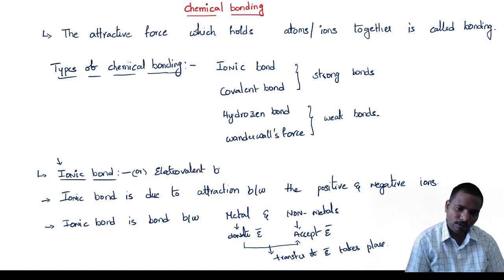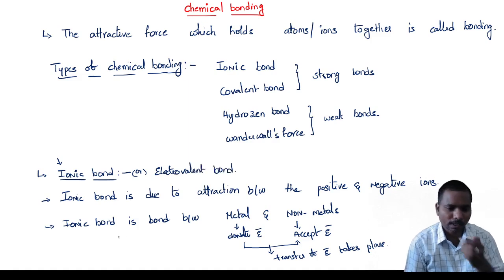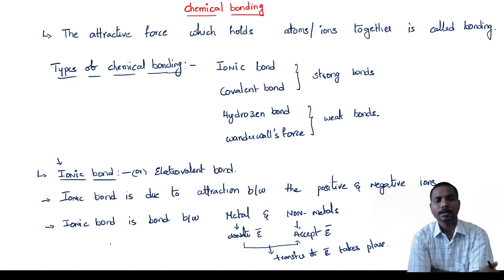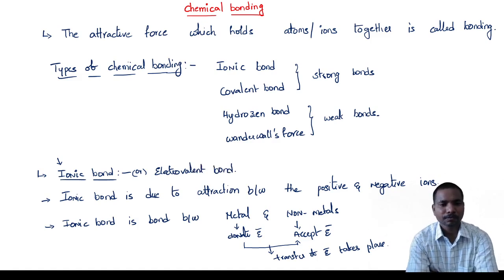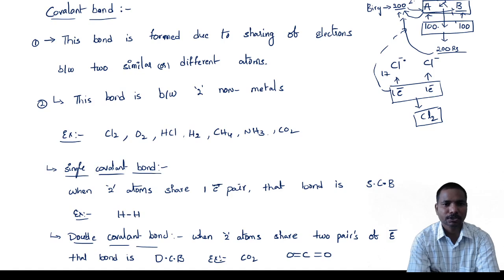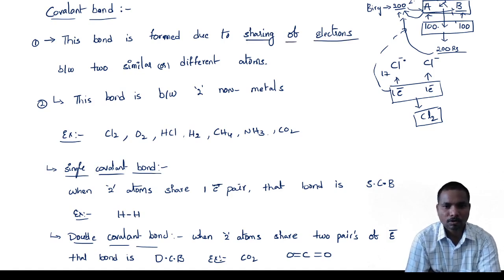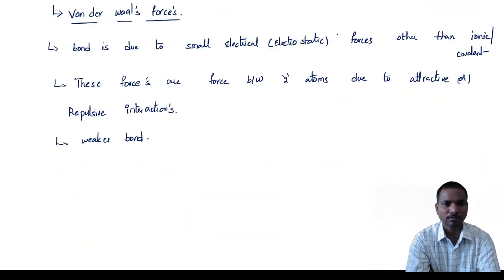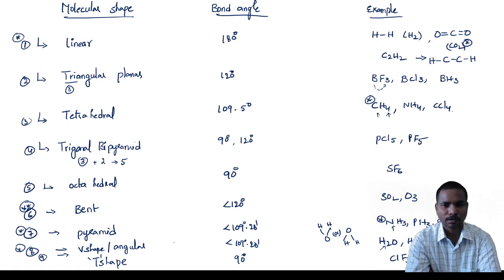Ionic bond is the bond between metals and non-metals, due to transfer of electrons. Sharing of electrons is nothing but covalent bond. Which is the weakest bond? Van der Waals forces. And this table is also important.